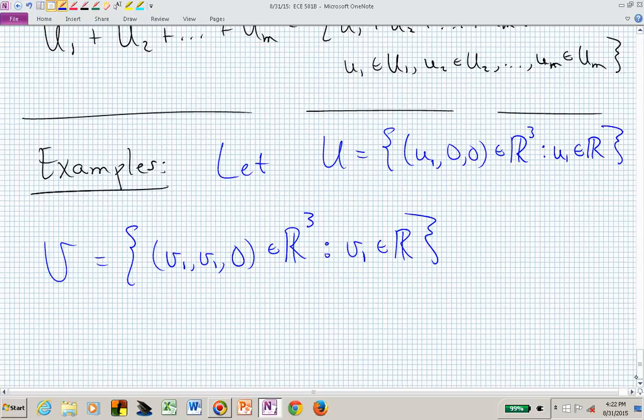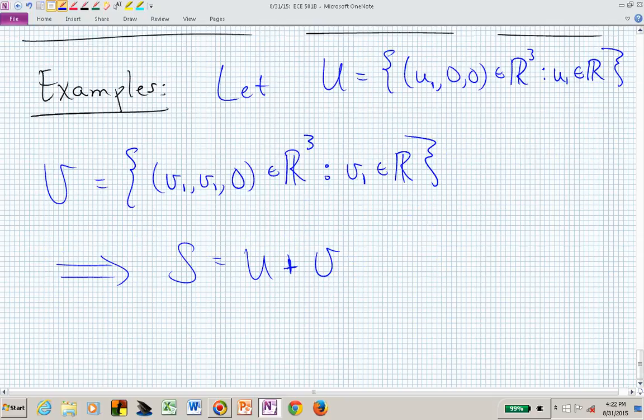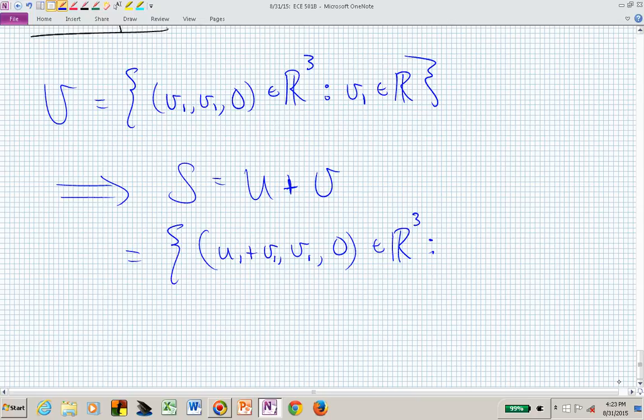And now let's look at S, which is the sum of U and V. S now is this set of (U1 plus V1, V1, 0) in R3 such that U1 is real and V1 is real.